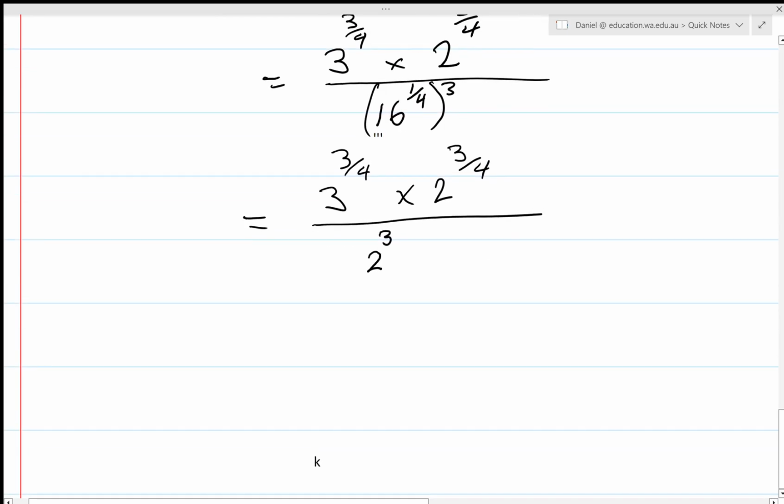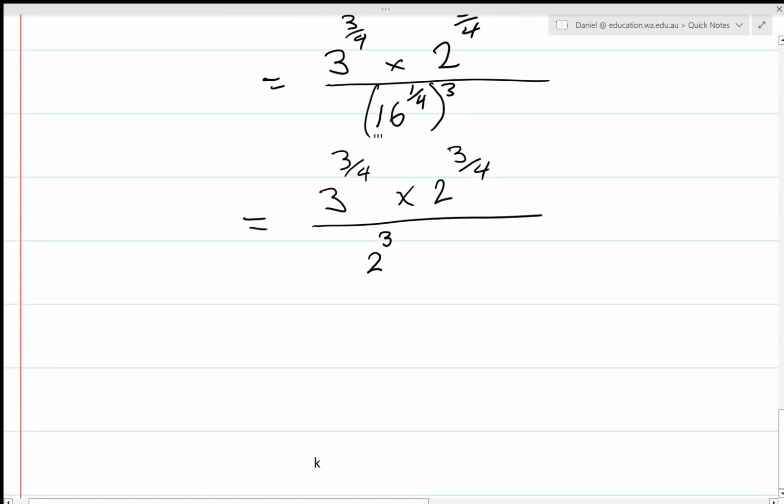We're nearly there. Okay, we're going to simplify indices though. We need to combine all our bases where we can, and we want our answer to be in the positive, not the negative. So I've got raised to 3 there, raised to 3/4 there. Obviously the 3 down the bottom is of greater value, so I'm going to move this 2 underneath.